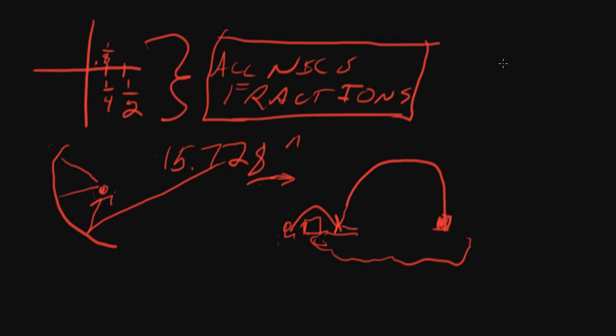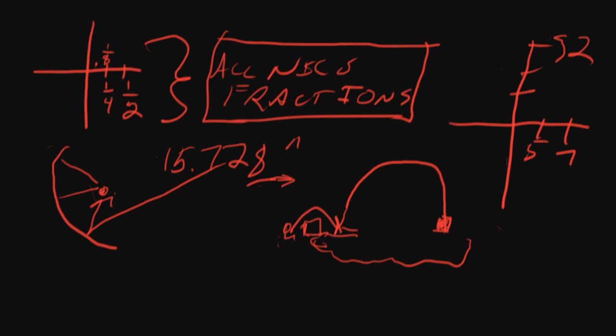And when you are in a standard math class, you're going to get these results where the numbers might be 5, 7, 32, whatever, on the graph. So these nice little fractions aren't helpful.